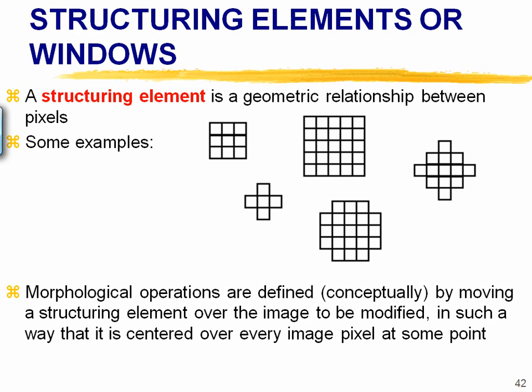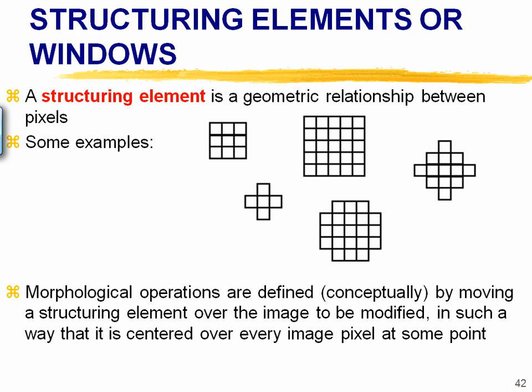So what is the use of these structuring elements? First and foremost, every structuring element defines a geometric relationship to the window. If you have a large window over which the structuring element is placed, the pixels that you actually operate on are going to be the ones within this element alone.